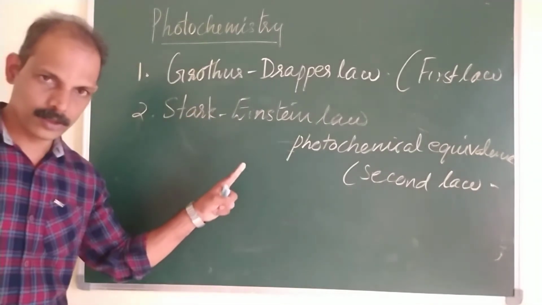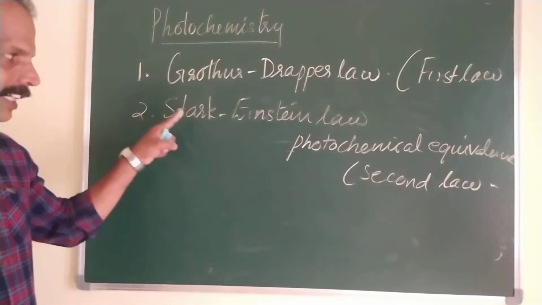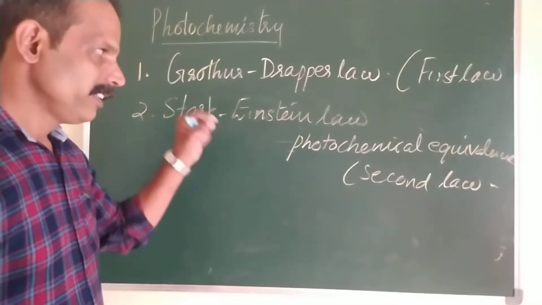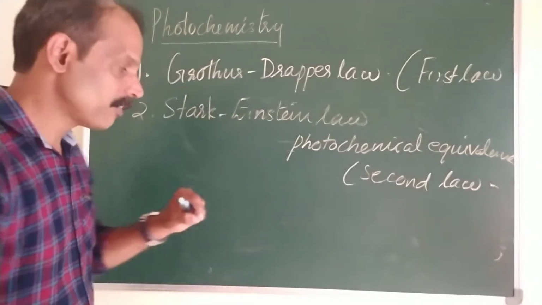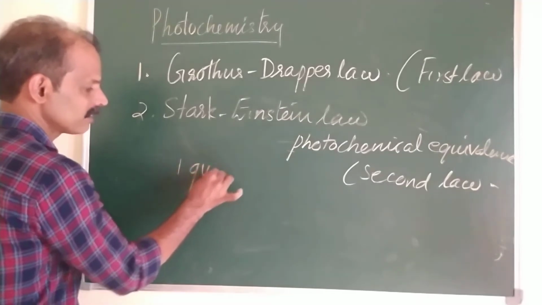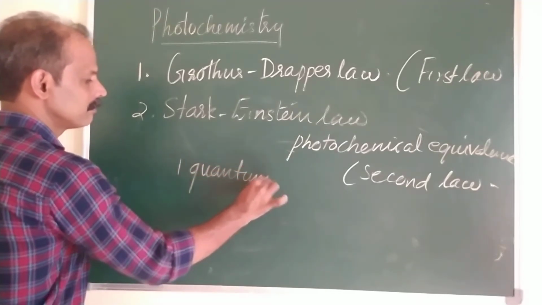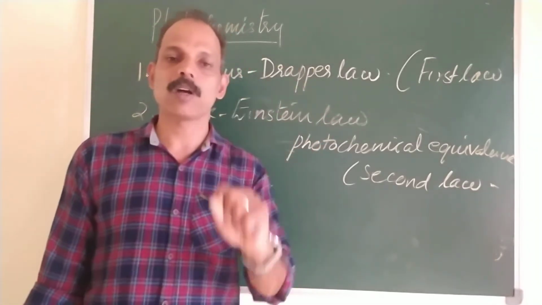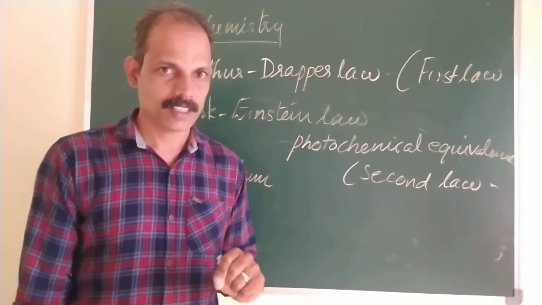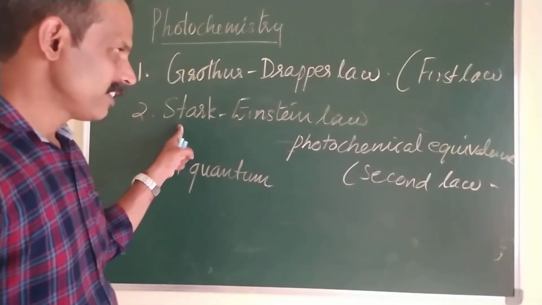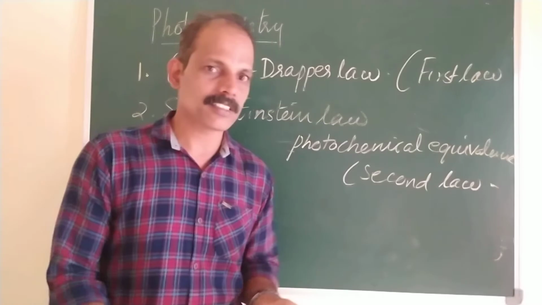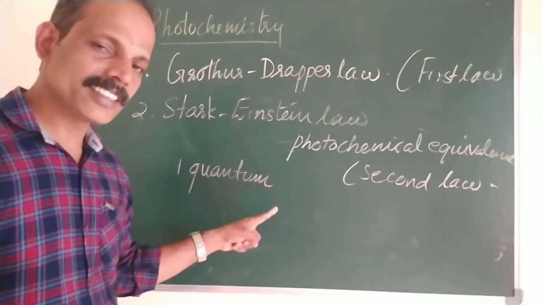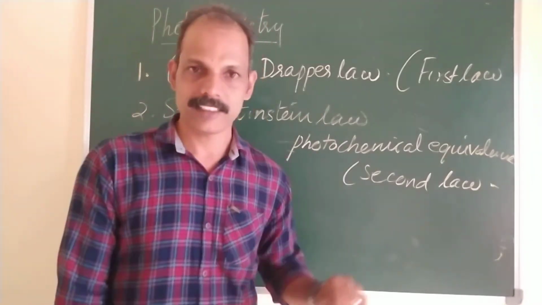According to this law, when a radiation passes through an absorbing system, each molecule absorbs one quantum of energy. That is, each molecule will absorb one quantum of energy and undergo chemical reaction.